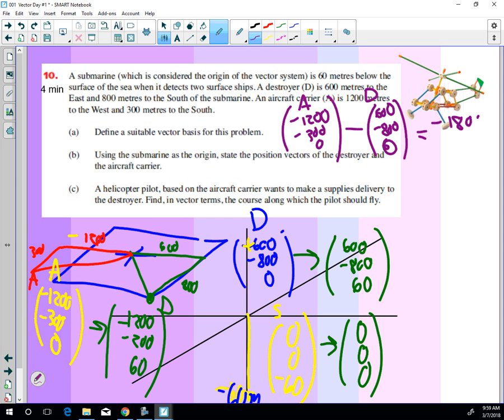Sure, we could add the opposite there. Then it'll be positive distances for x, which will be 1,800 meters, which they have to go. Negative 1,800, this will be negative 500, and then that'll be 0. I like it, D minus A.